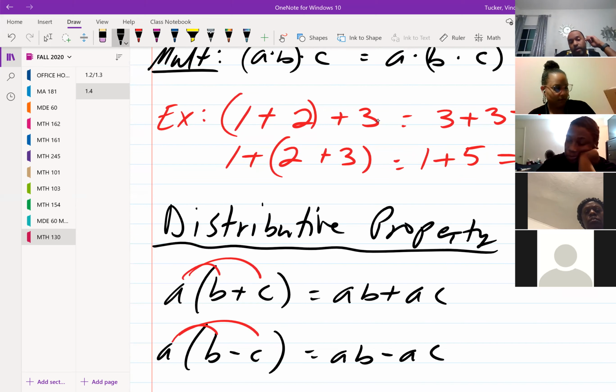So if you have A times this quantity of B plus C, you will be able to distribute A over the parentheses, or into each term in the parentheses. So that'd be AB plus AC. Same thing if there was a minus sign there, it would just be AB minus AC.